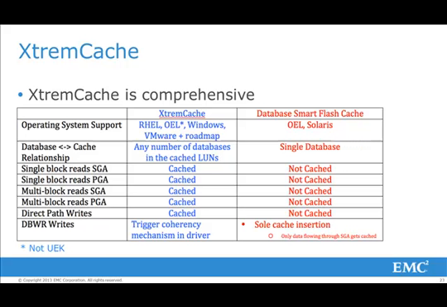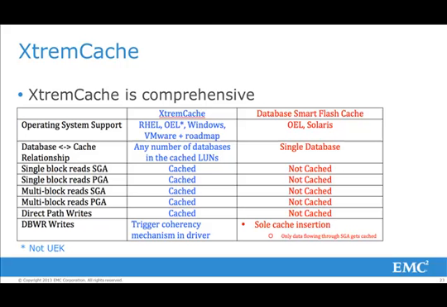And then there's this unique characteristic I've been speaking about, and that is how the cache relates to databases. With XtremCache, XtremCache knows nothing about databases. It only cares about blocks in LUNs. Well, to the contrary, Database Smart Flash Cache is an association of cache to a single database.